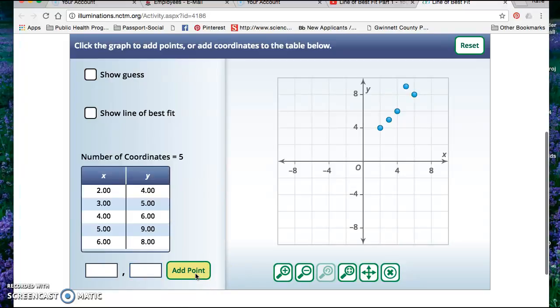Alright, so is this in a straight line? No. Why is it not in a straight line? Because there's like this weird little one up here, right?